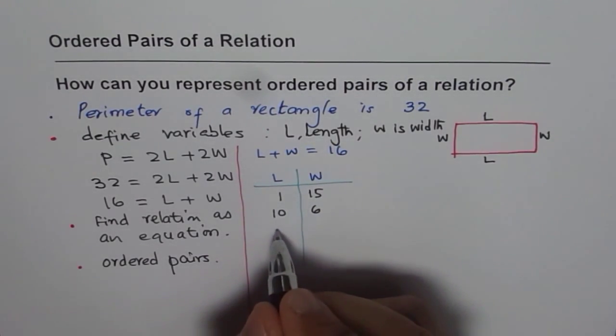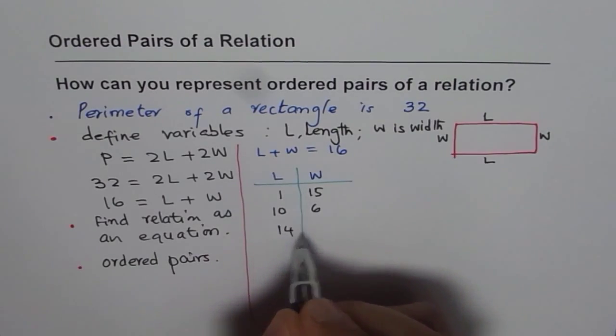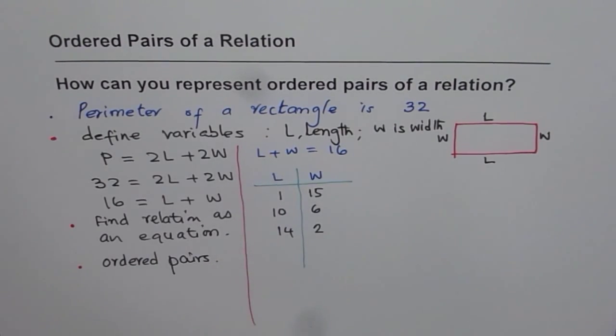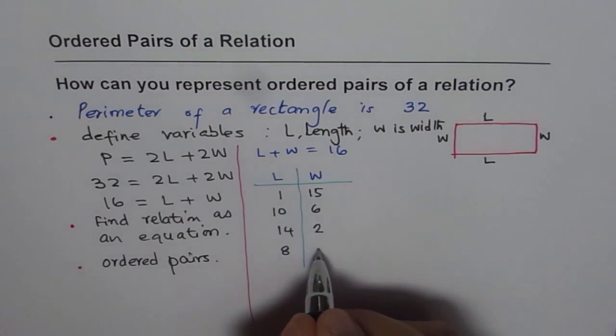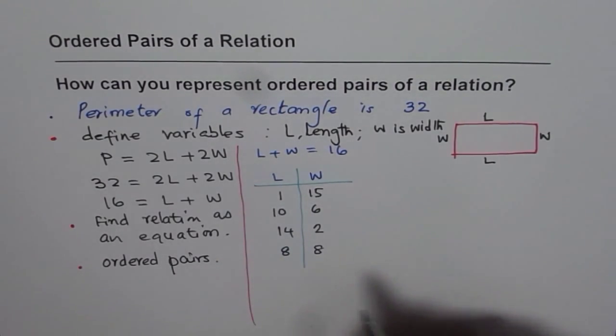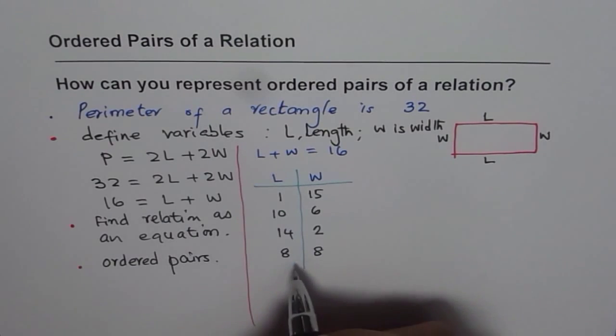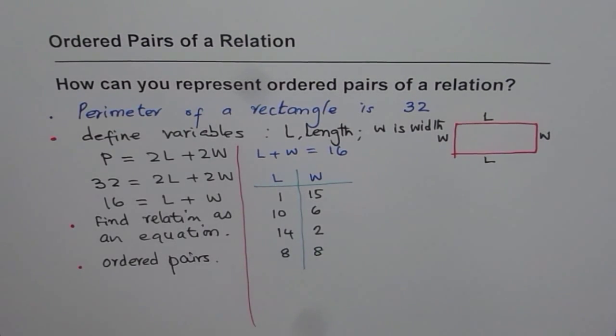And if length is 14, width should be 2. Likewise, I can get so many ordered pairs which will satisfy this equation. I can always take length and width as 8 and 8 also. And there is no harm, we can select decimal numbers. I can take 8.5 and 7.5.